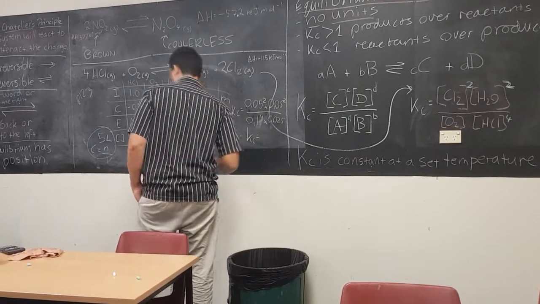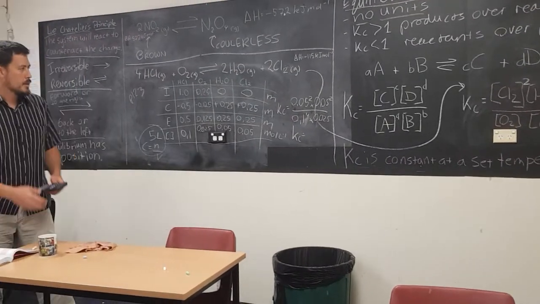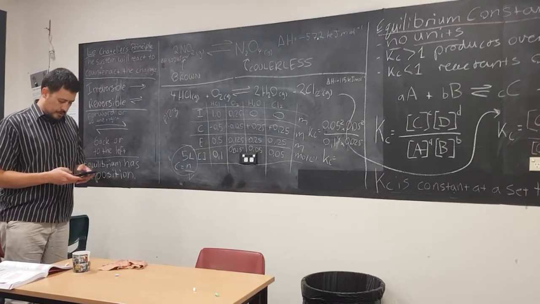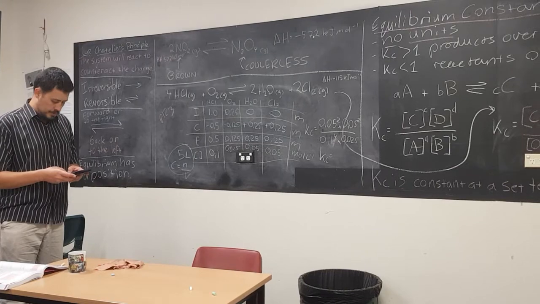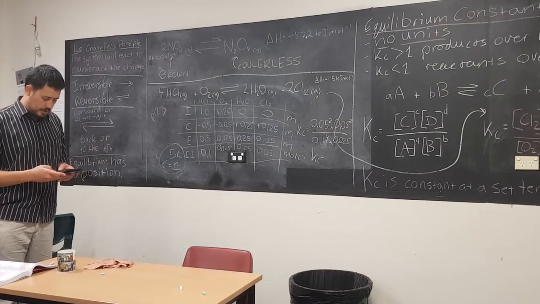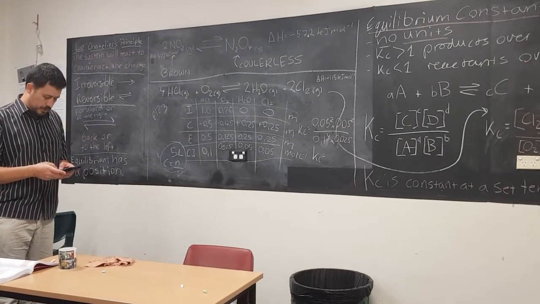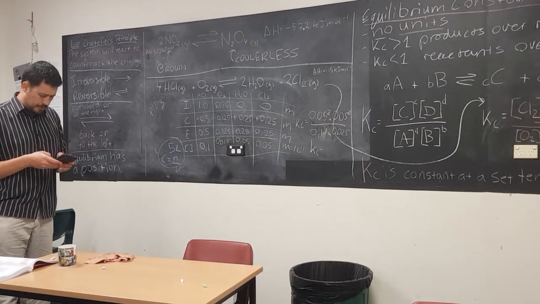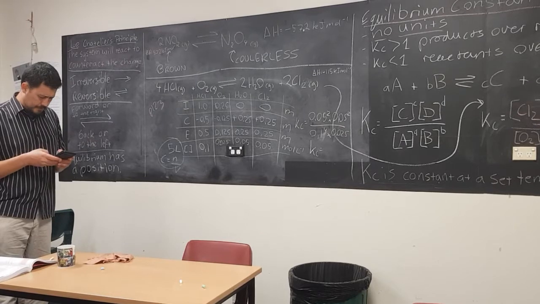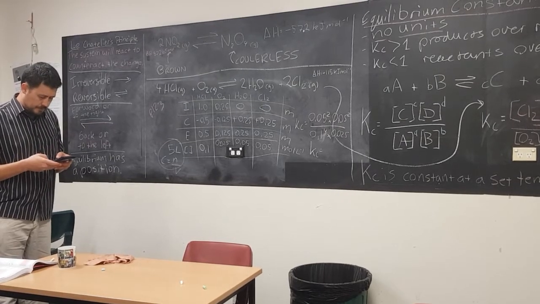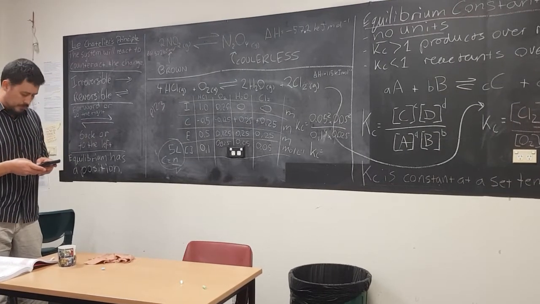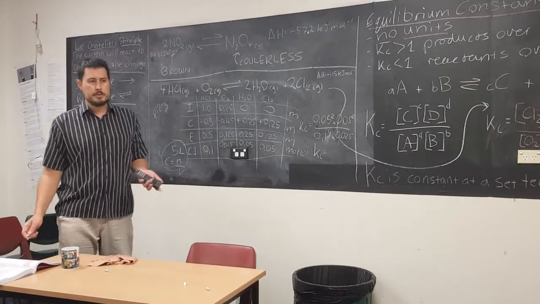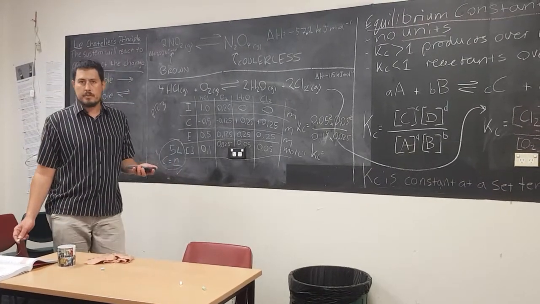So we end up with the Kc value: 0.05 squared times 0.05 squared, divided by 0.1 to the power of 4 times 0.025. Has anyone worked it out, or is it just me?